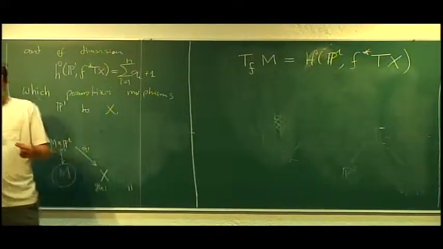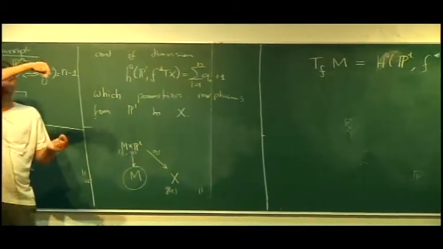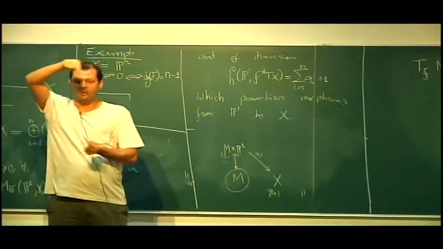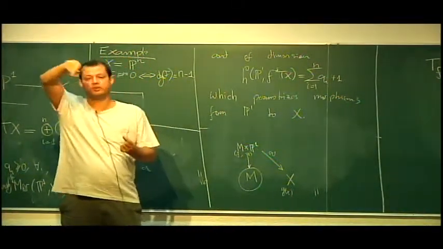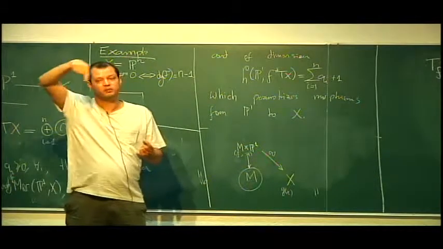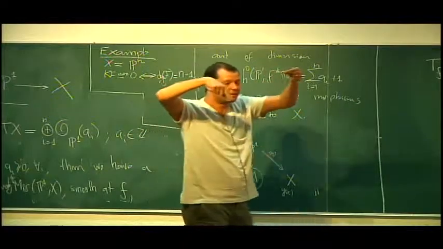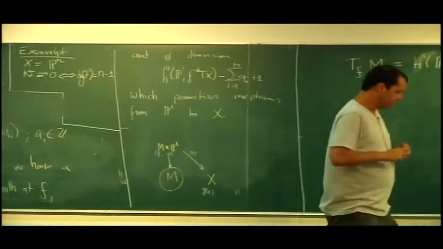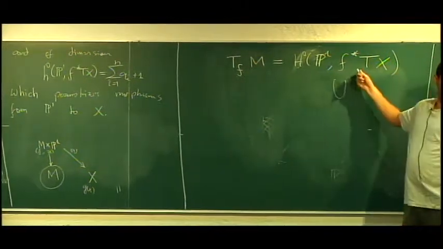It's canonically isomorphic to that. It's not very hard to see, at least to get the heuristic. You look at a map, now you're deforming your map. So you can take a fixed point on P1 and see how it deforms. You take the derivative to define a tangent vector at a point of X, on a point of the image.